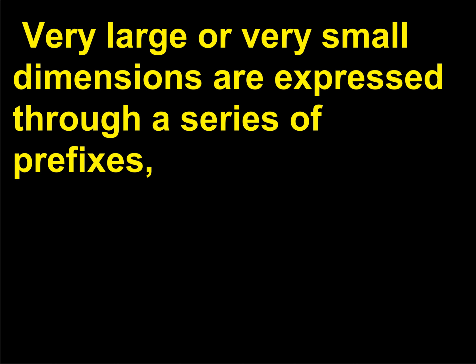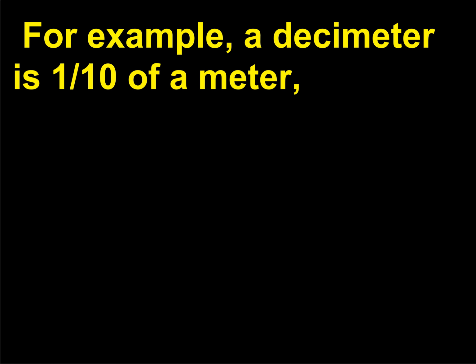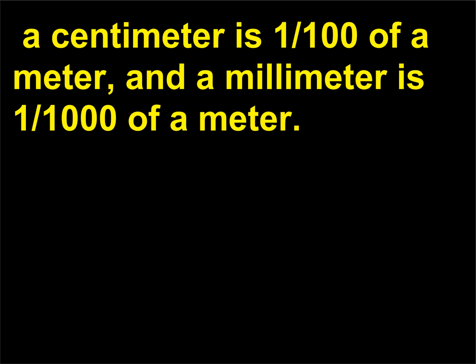Very large or very small dimensions are expressed through a series of prefixes, which increase or decrease in multiples of 10. For example, a decimeter is 1/10 of a meter. A centimeter is 1/100 of a meter, and a millimeter is 1/1000 of a meter.